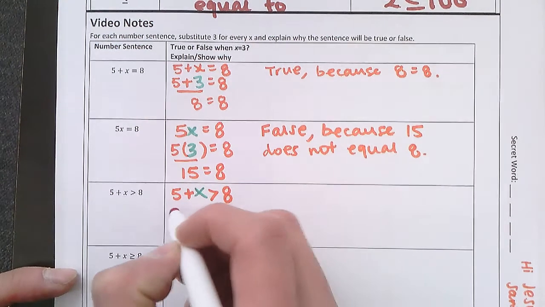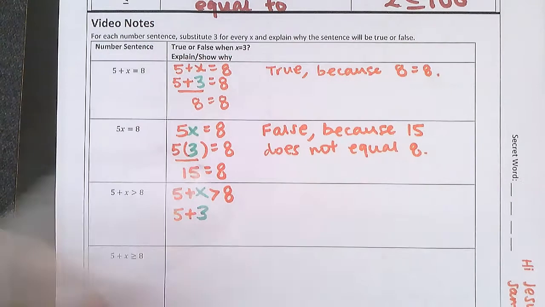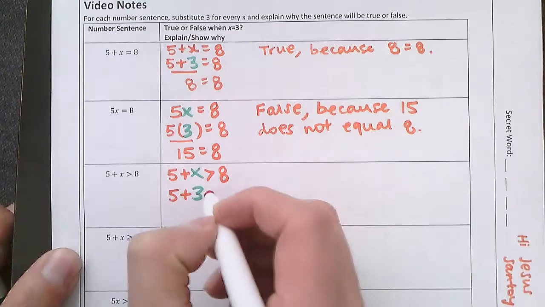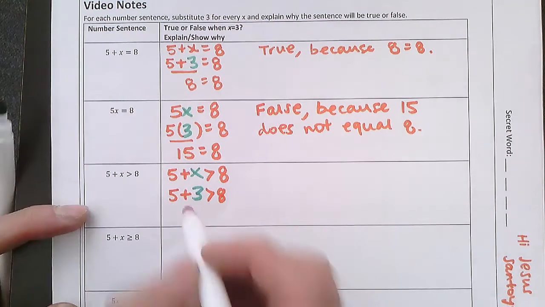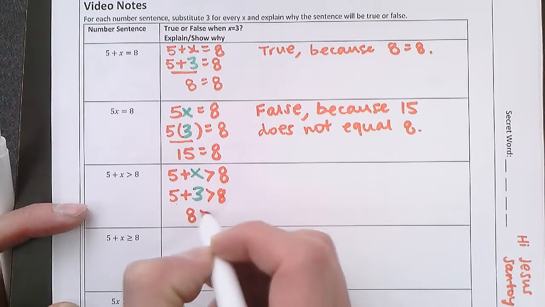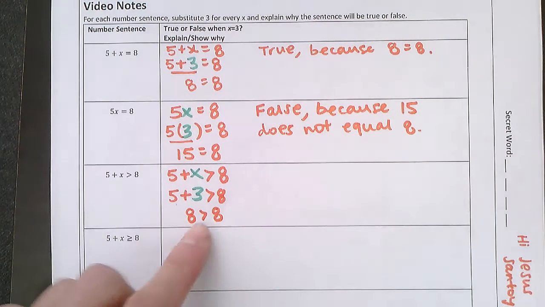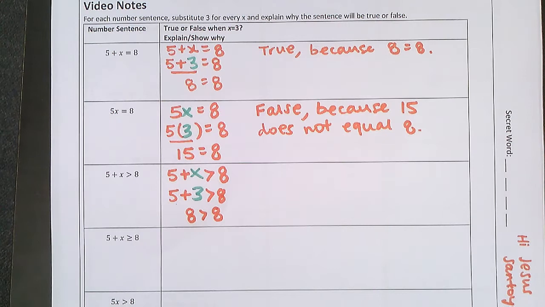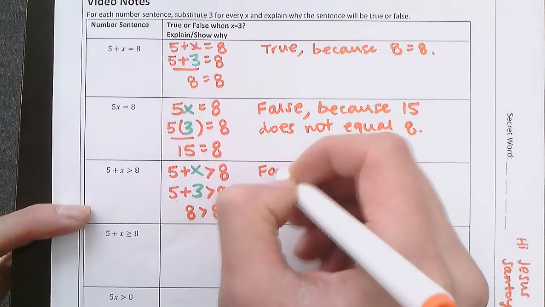So that would give us 5 plus 3 is greater than 8. Then we can evaluate it. 5 plus 3, that's 8. And then we still have the greater than 8. And so then I check. Is 8 greater than 8? It is not, so I would say false.